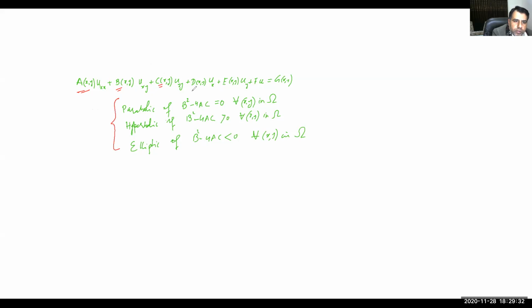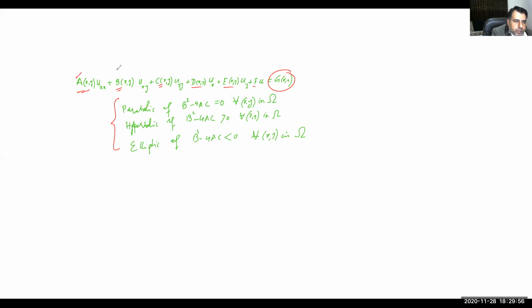So there is no role of the coefficients that are attached with the first order derivatives or even with this u. If this right hand side is 0, we say this is a homogeneous partial differential equation. If this source term is non-zero, we say this is a non-homogeneous partial differential equation.